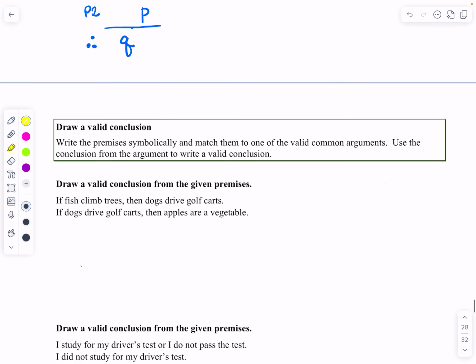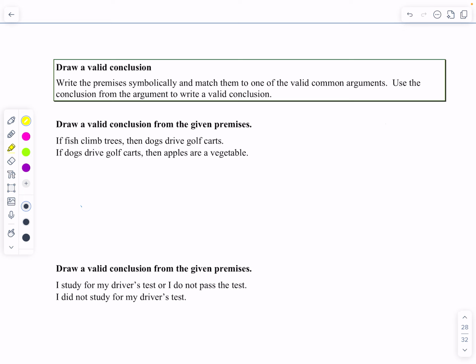Okay, so to draw a valid conclusion, write the premises symbolically and match them to one of the valid arguments. Use the conclusion from the argument to write a valid conclusion. Okay, so we just did this. So we're just going to keep on going. Draw a valid conclusion from the given premises. If fish climb trees, then dogs drive golf carts. If dogs drive golf carts, then apples are vegetables. So we have three things going on here, okay?